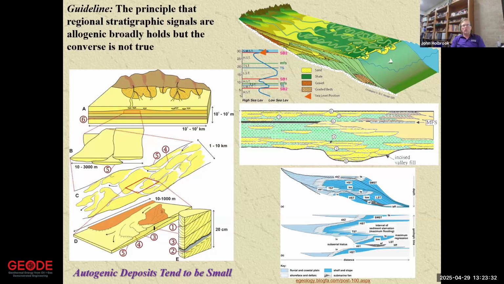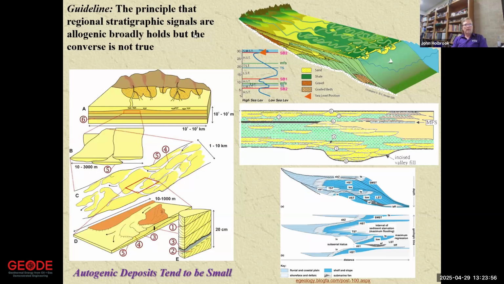It's something you can correlate. It's real. If it's regional and it's big, it probably is because of some major change, like a sea level change, a tectonic change, a change in basin subsidence, or a change in climate, something that affected everywhere all at once.